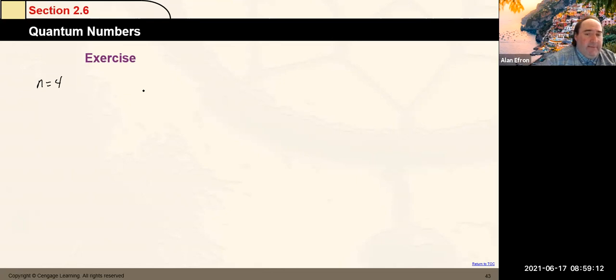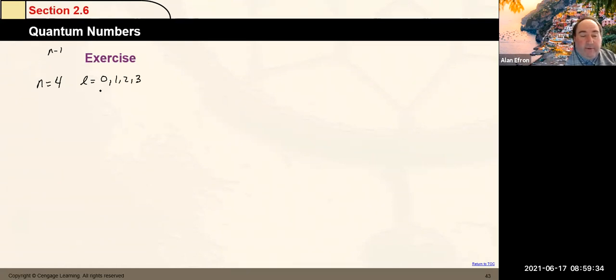But so hold on to your question, and hopefully we'll get to that answer in just a second here. But if we look at n equals 4, L can have values of 0, 1, 2, and 3. Again, L going to n - 1, so 4 - 1 is 3.